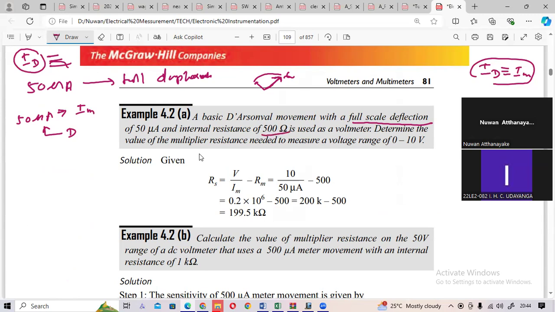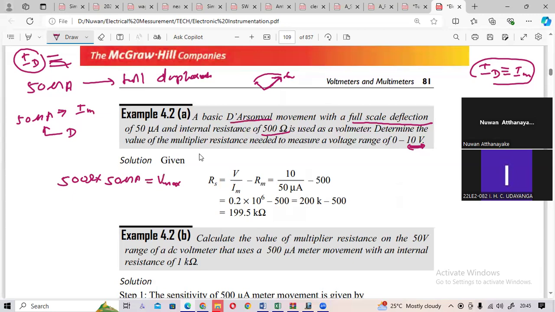Now you need to upgrade this to measure up to 10 volt. If the internal resistance is 500 ohm and the maximum deflection is 50 microampere, this is the maximum voltage that can be measured by the Diasono setup itself.